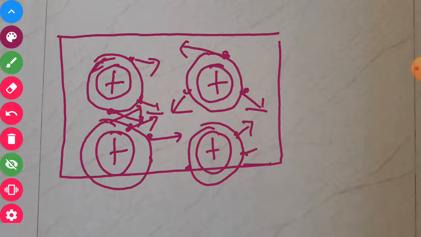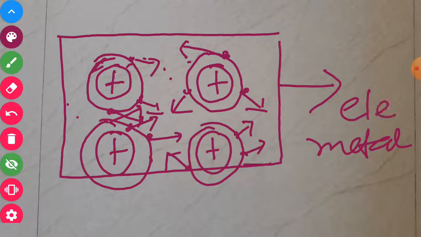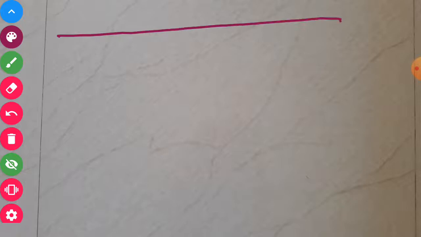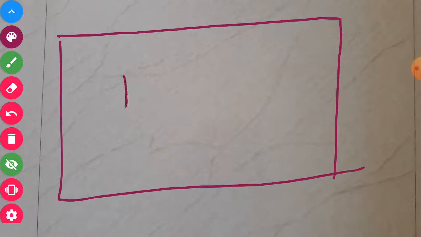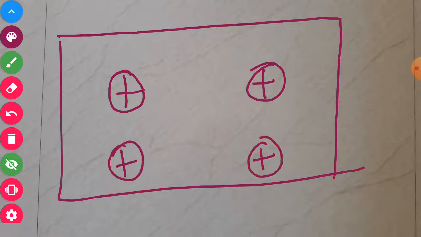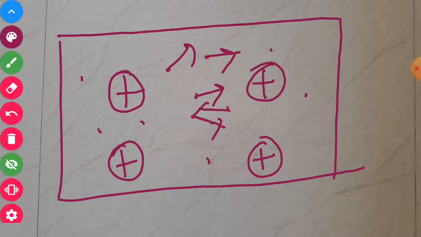These electrons will not come out of the metal, they will reside within the metal and move in random directions. So in any metal, the positively charged nuclei and the outermost orbits give electrons in the metal, and these electrons are randomly moving in any direction.